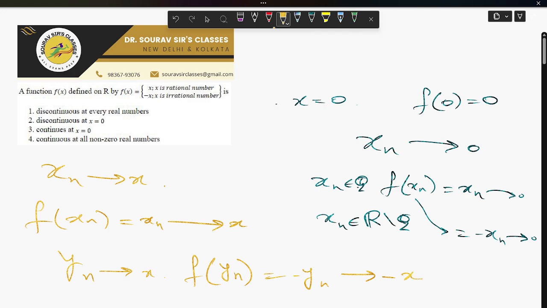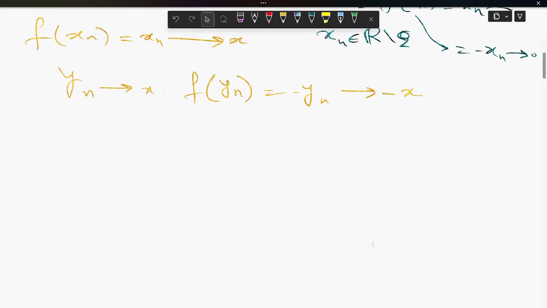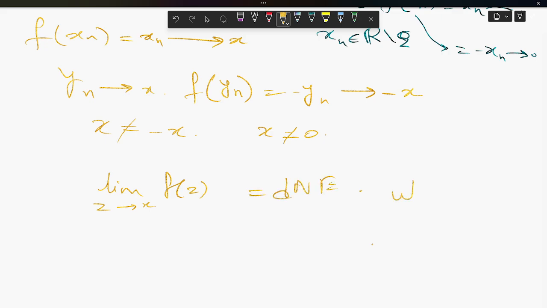Since x is not equal to minus x when x is not equal to 0, we can say that the limit of f(z) as z tends to x does not exist unless x is equal to 0.